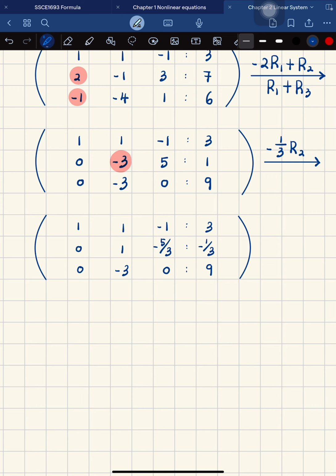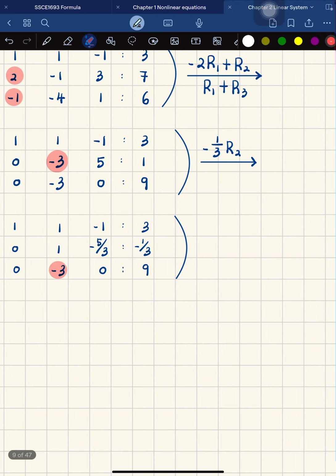Okay, so next our focus of element should be here, because after we get the leading one, the element below the leading one should be 0. So we want to make it 0. So what we need to apply is the technique of addition. This one is negative 3, so K will be positive, leading one at row number 2 and the affected row.